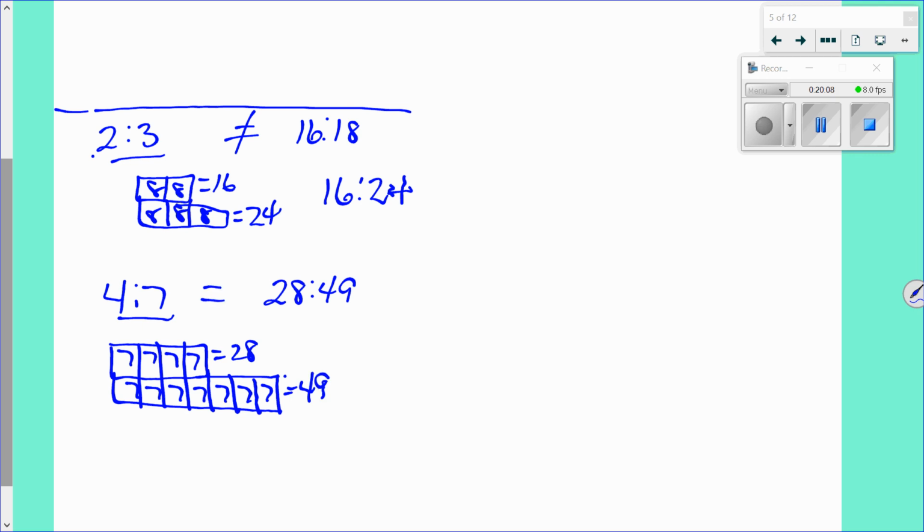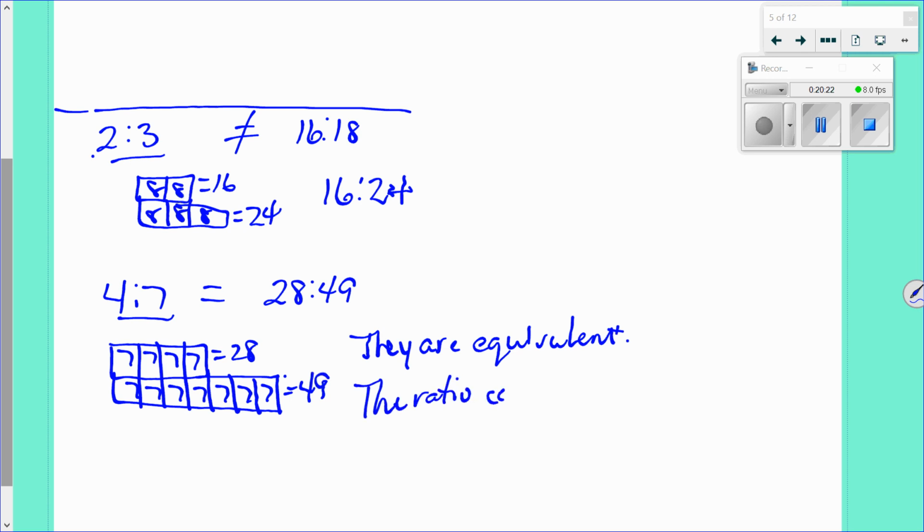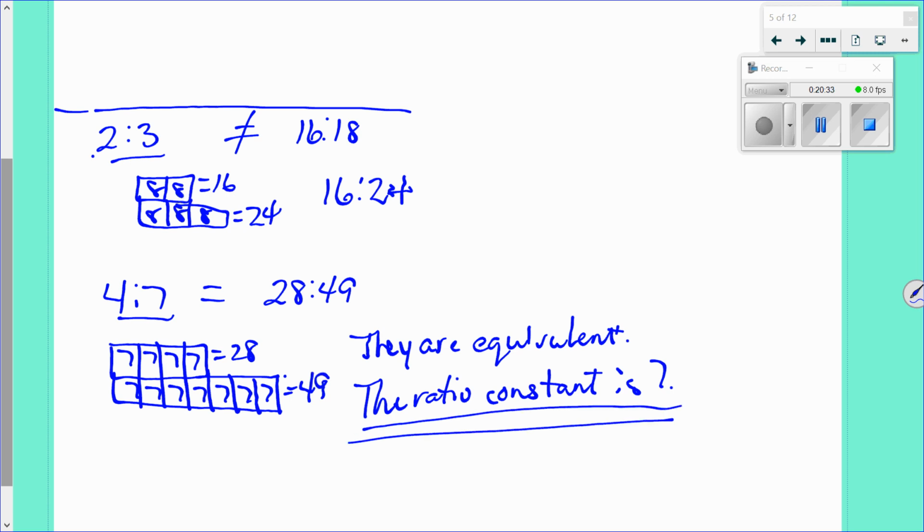So they are equivalent. The ratio constant is 7. That's what went in every box to make them equal. Make sense? Any questions?